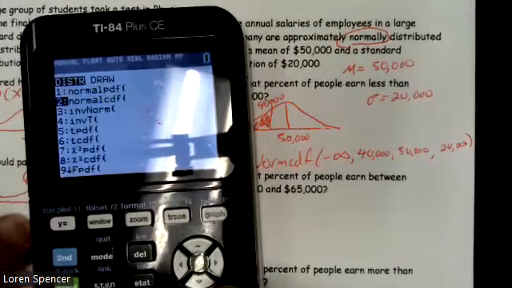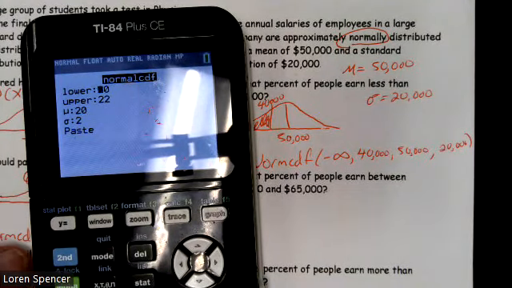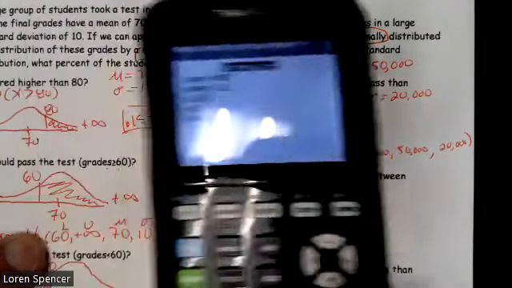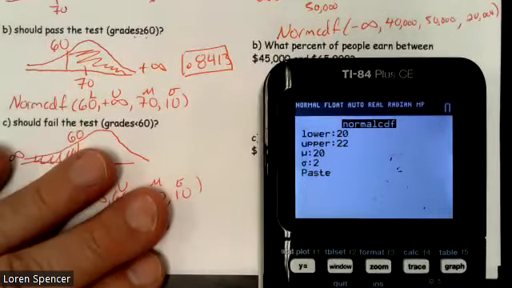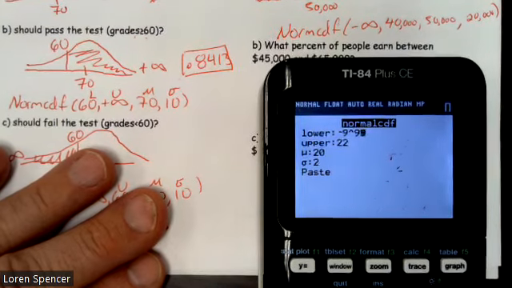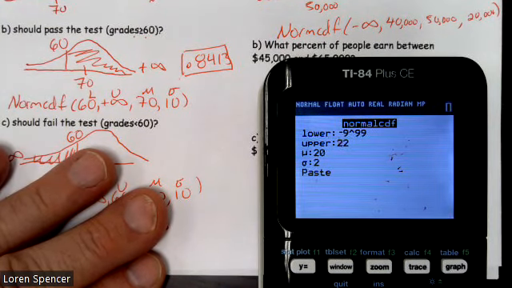So second vars, norm, CDF, lower bound, negative 9 to the 99th. Upper bound was 40,000. Mean was 50,000. Standard deviation was 20,000.